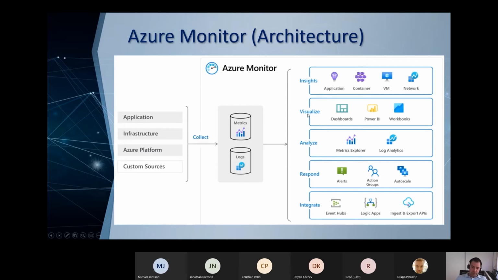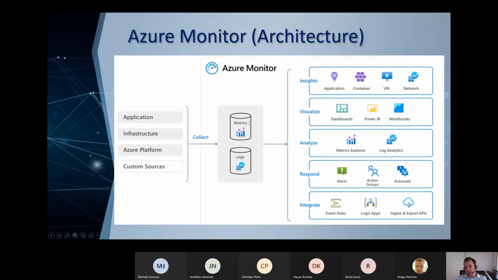You have different ways of visualizing the data. You can use dashboards, you can do a Power BI integration, which looks very cool, or you can use workbooks. Like we already mentioned, the data can be analyzed using two main tools, one for each type of data: Metrics Explorer for the metrics, and Log Analytics for the logs.